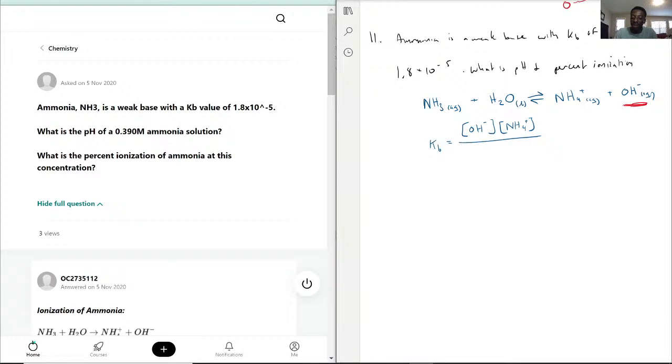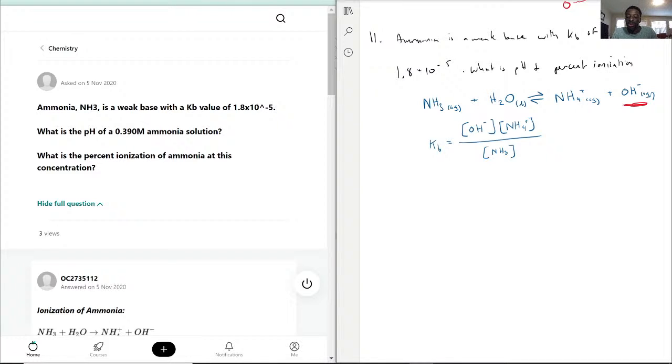We still do not count water because water is just the solution it's in, like the liquid component. Think of it like an excess. It is part of the reaction, but it's just what the NH3 is submerged in. So that's the first formula we need.